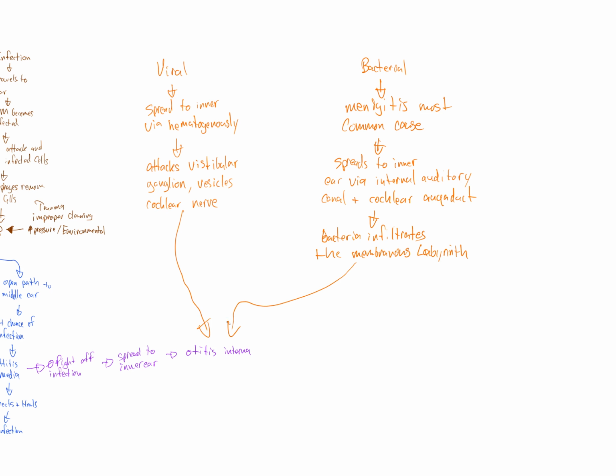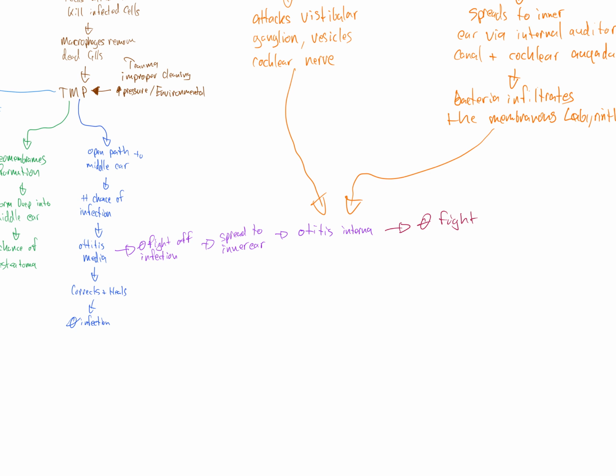Now with the ear infected, we all know what happens if you can't fight off the infection. The person will eventually become septic. The vestibular complex and cochlear duct become inflamed, which leads to a few complications.